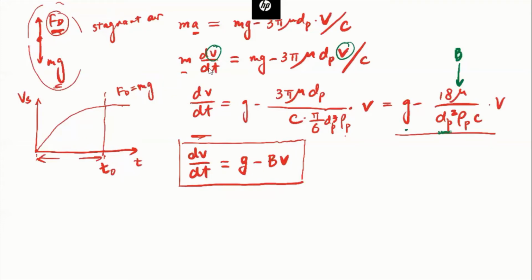So I was mentioning that you can quickly try something different, right? You don't really have to integrate or differentiate. At time equal to 0, the velocity should be equal to 0. So if you plug in t equal to 0, then the exponential term here will be 1, right? So 1 minus 1, that's going to be 0, velocity equal to 0.